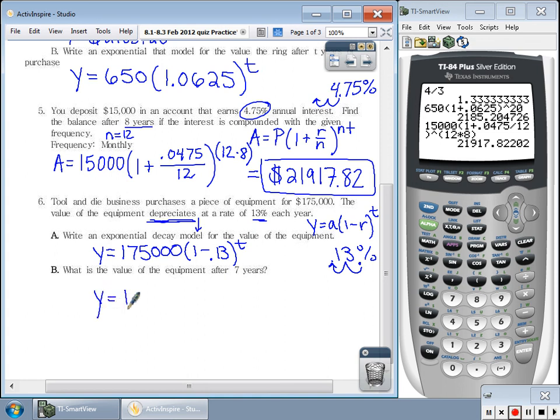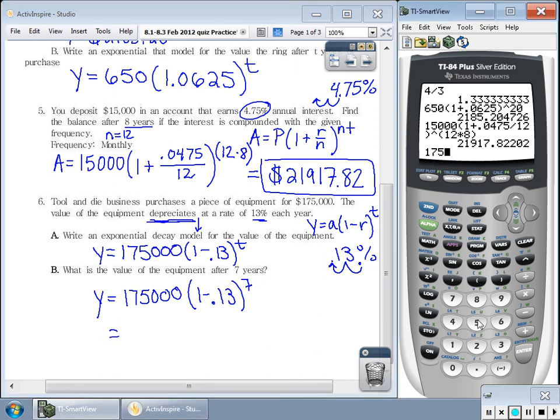Y is equal to 175,000 times 1 minus 0.13 raised to the 7th. 175,000, parentheses 1 minus 0.13, close the parentheses, and raise that to the 7th power.